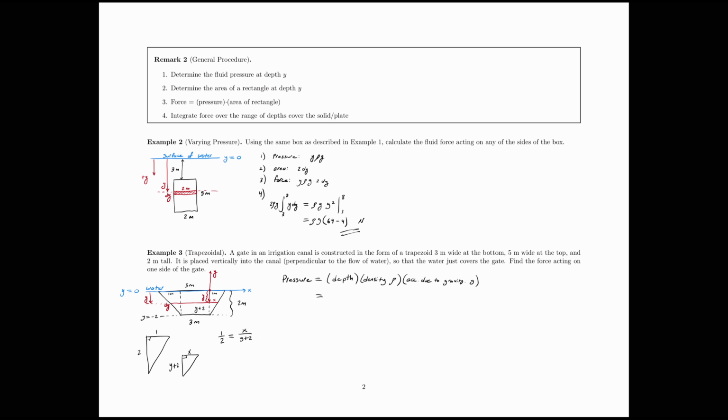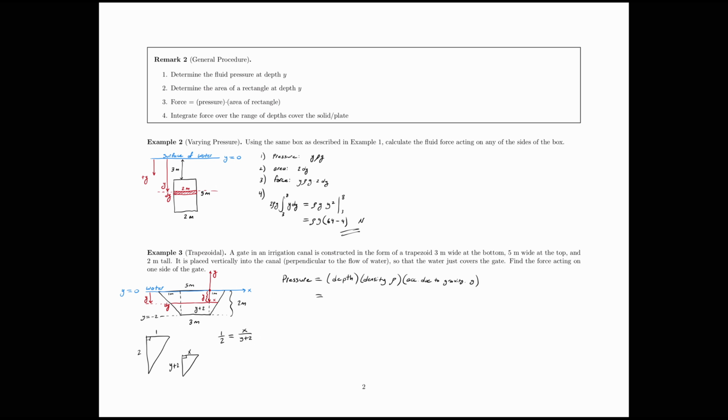So you might be tempted to say that the depth is y, but the depth is not y. This differs from the previous example where it did equal y. And the reason why it was equal to y is because we chose to direct the positive direction of the y-axis to be downward, which is slightly counterintuitive, but in that case it makes it match up nicely.